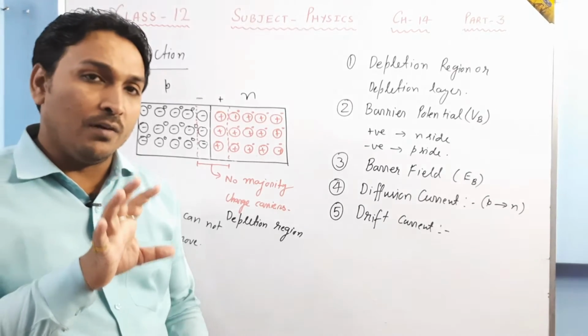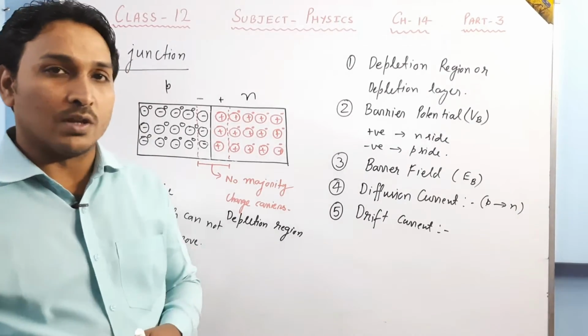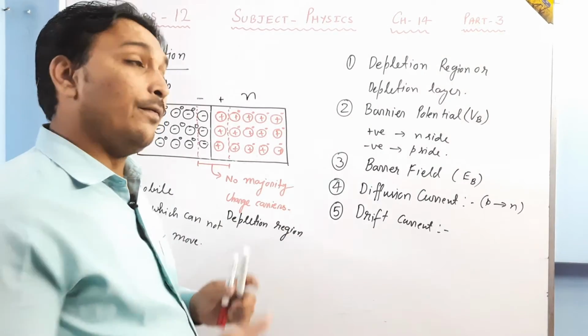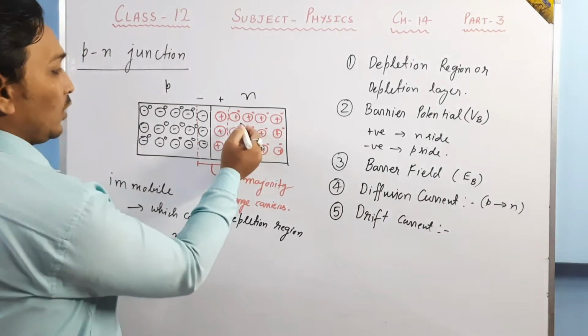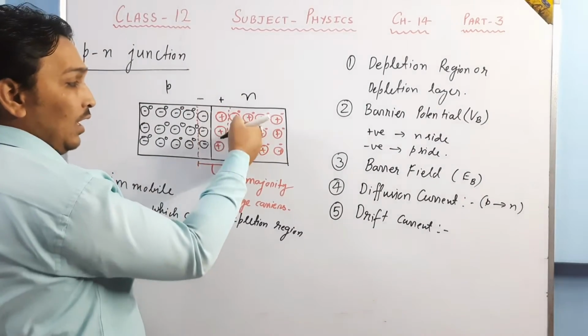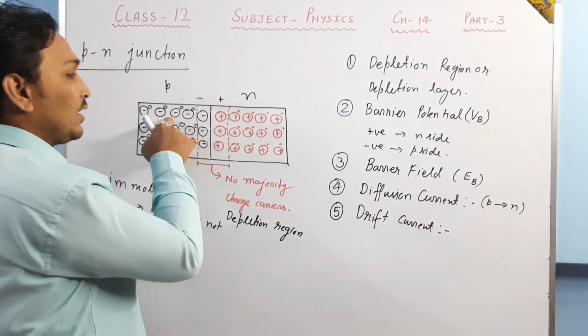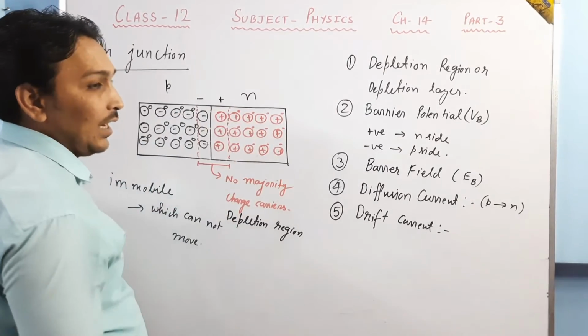They are few in numbers, very small in numbers, but they are present over there. So now this barrier potential supports the motion of those minority charge carriers. If holes are there, this negative potential attracts the holes towards this side of the junction. If electrons are there, this positive potential attracts the electrons towards this side of the junction.